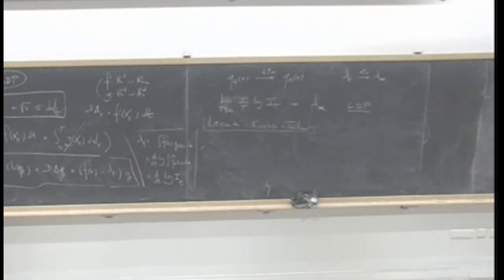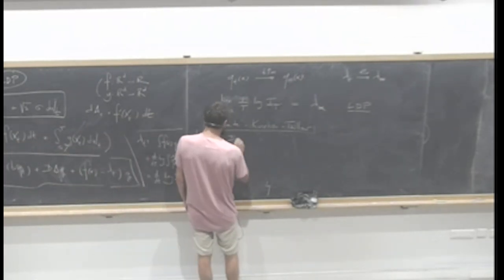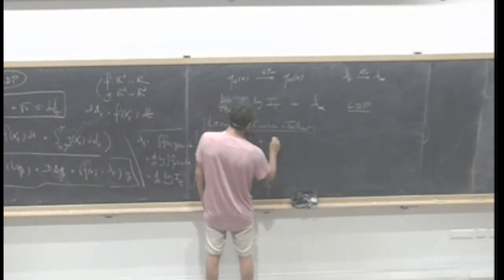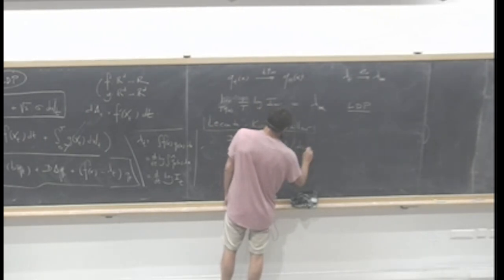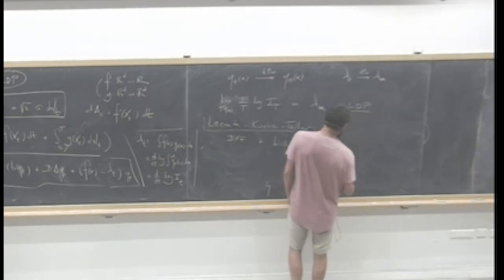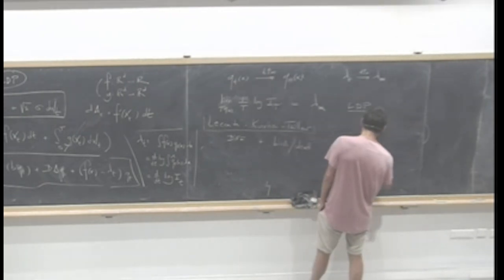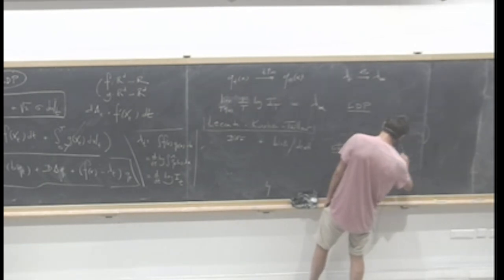So you do diffusion plus birth-death, with a rate of birth-death which is simply f of x_t minus the expectation of f of x_t.